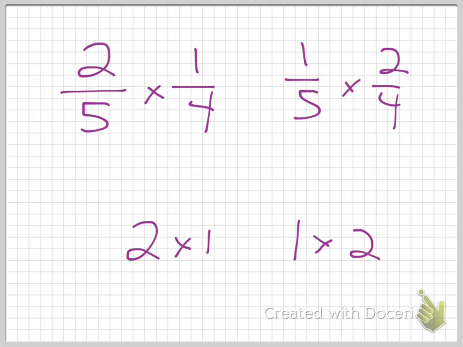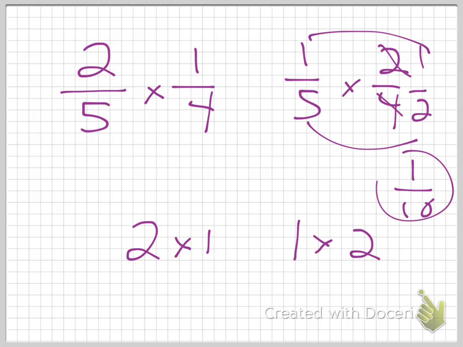Nothing. Notice all I did was just switch the 1 and the 2. Do you agree? It's the same thing. Because of that, can I reduce 2/4? Am I allowed to reduce? What is 2/4? 1/2. I can reduce this to 1/2. 1 times 1 is 1. 5 times 2 is 10.